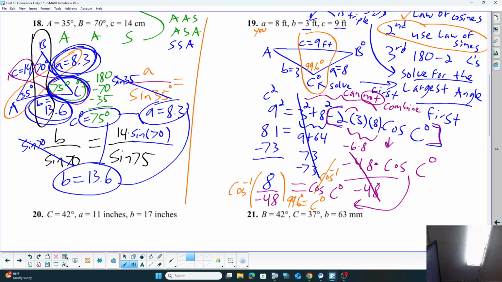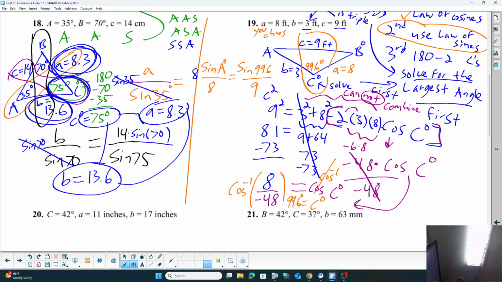I chose angle A. So we're going to go sine of A over its opposite side, which is 8, equals sine of C over little c. That's sine of 99.6 over little c, which is 9 feet. Cool.